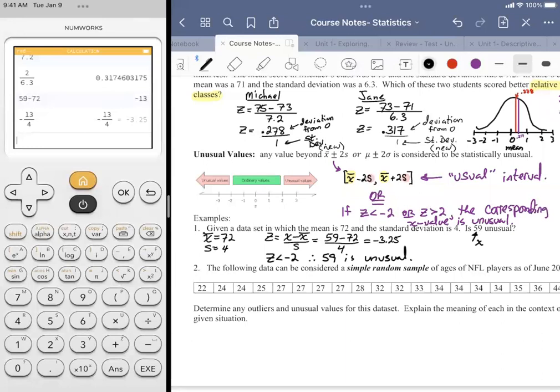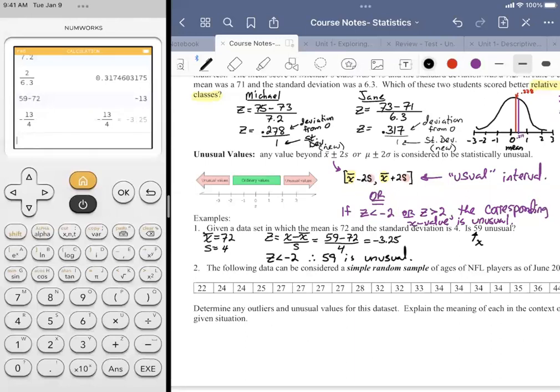So you kind of look at it like, let's say a class took a test and the class average was a 72, but you got a 59, hopefully not. You'd say, oh, okay, well, is that really bad? Is that bad, really bad, or terrible? It's unusual on the low side, so you be the judge. If I told you that your score was unusually low, you're probably not feeling too good about that score.